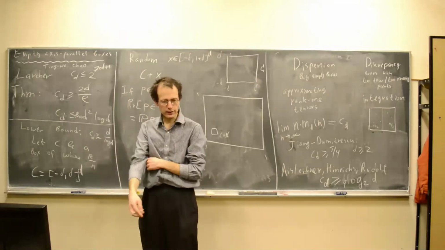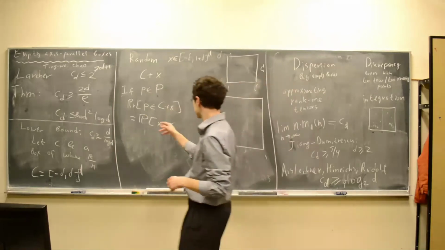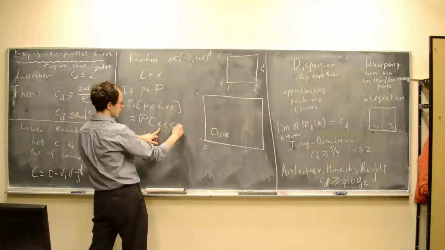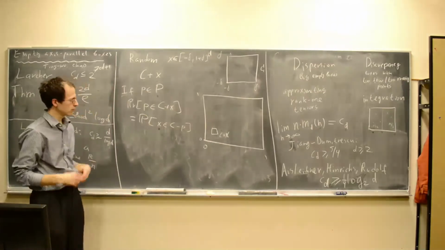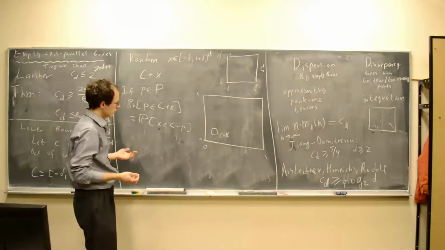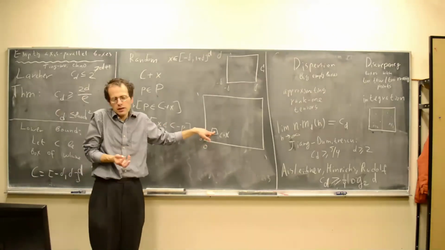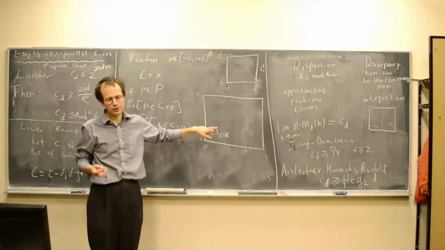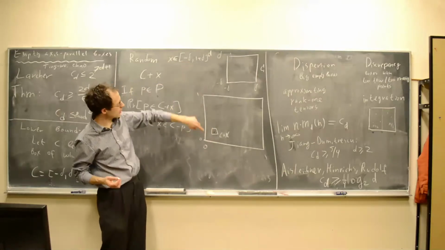All right, so let's continue. This probability is the same thing as the probability that x ends up in the properly translated copy of C. The point is it's the same number, and therefore the probability of being in this box is essentially the volume of this box, with some small fudge factor, because it's not totally uniform around the boundary.